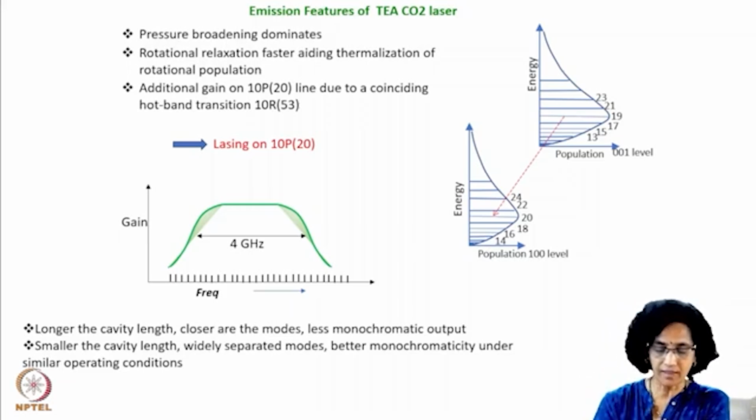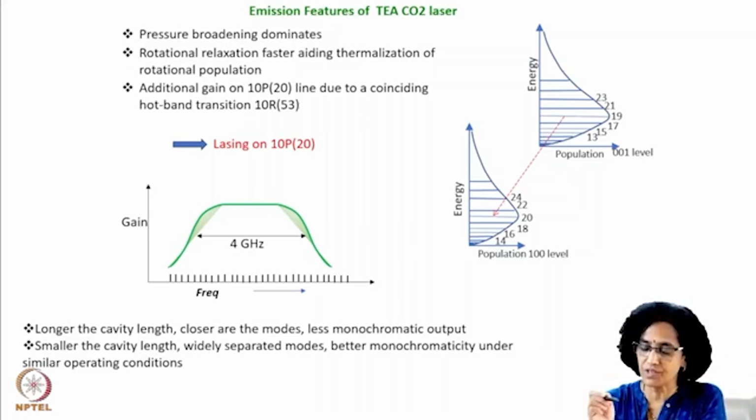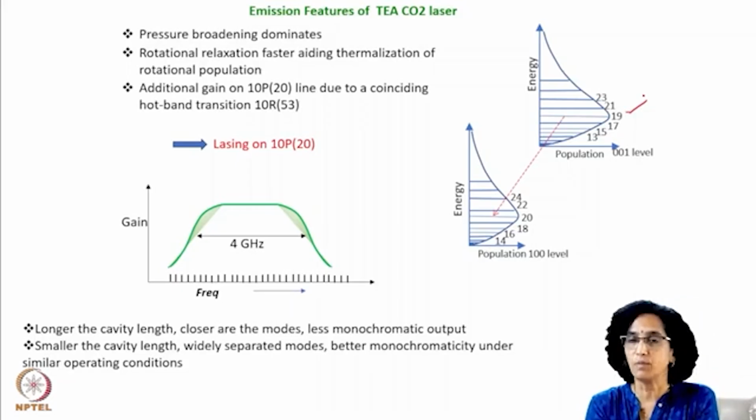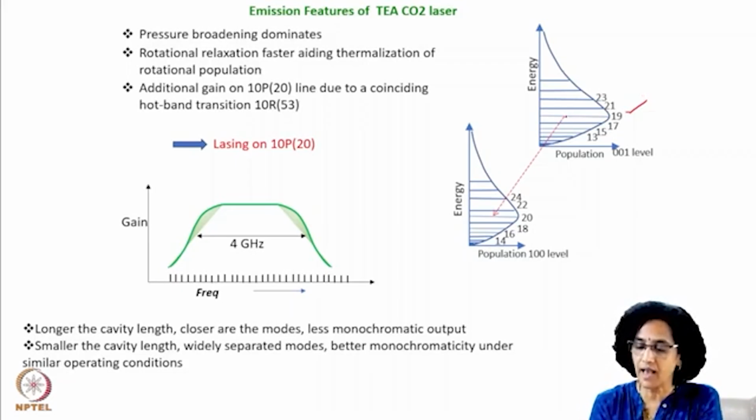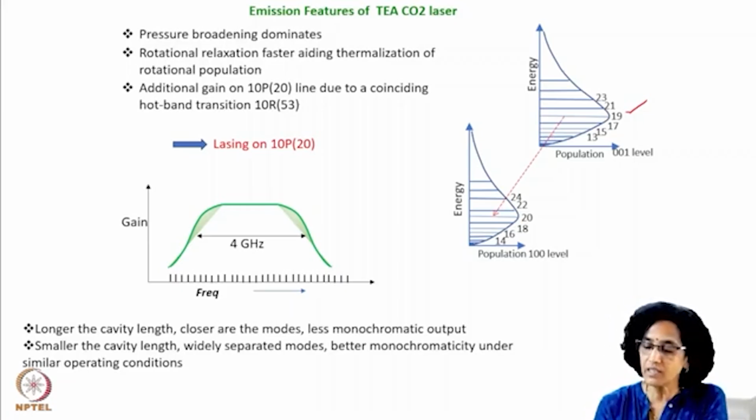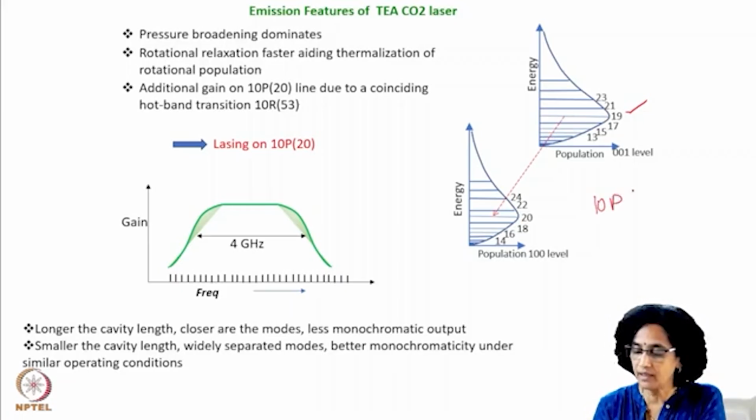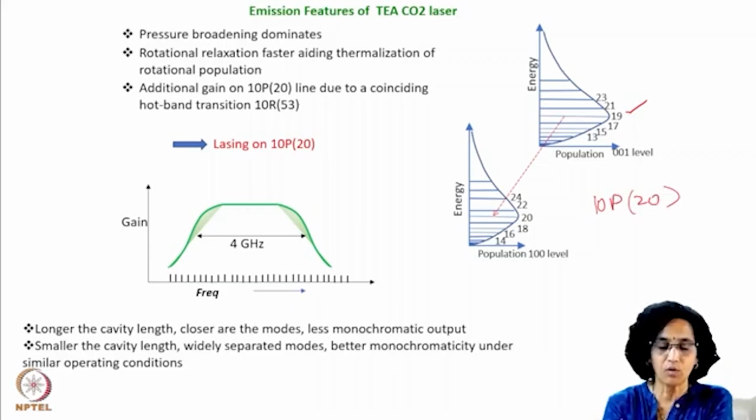So once again, when we create population inversion, we find that J equal to 19 is more populated, and therefore the gain is higher in the J equal to 19 to 20 transition. Now, in case of high pressure operation, there is an additional gain on this 10P20 line because of a coincidence with a hot band transition.